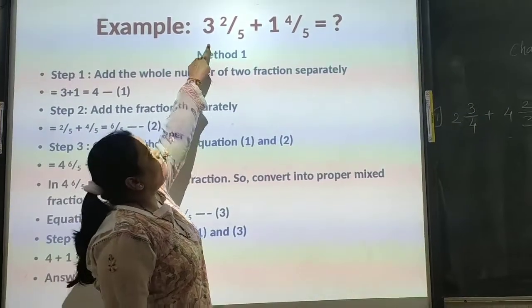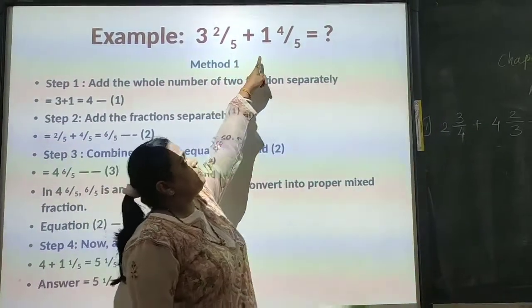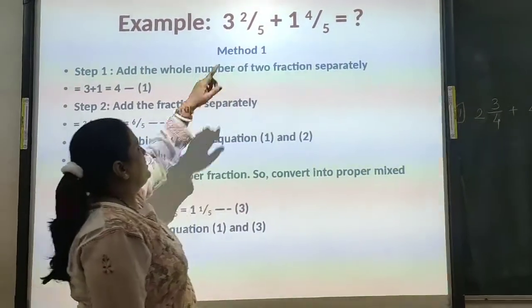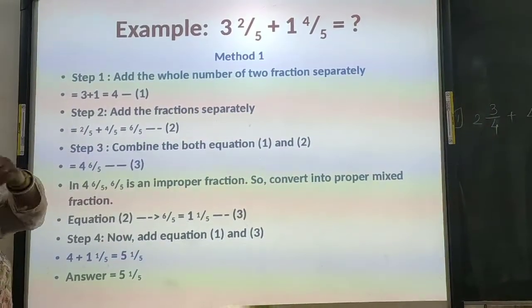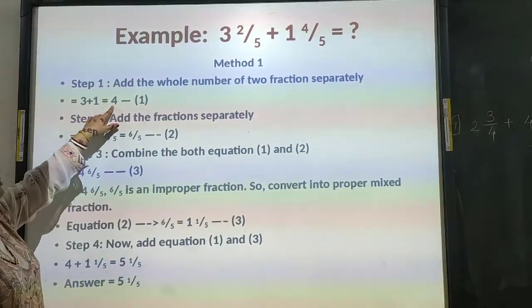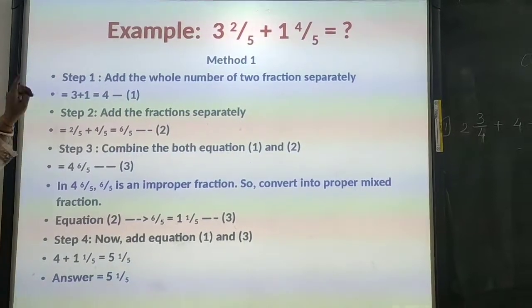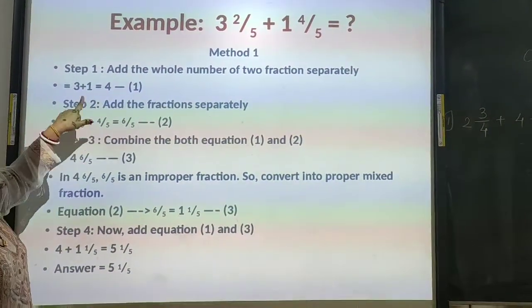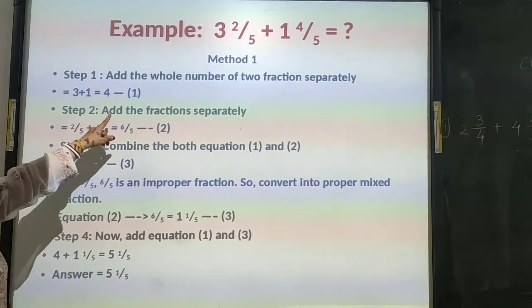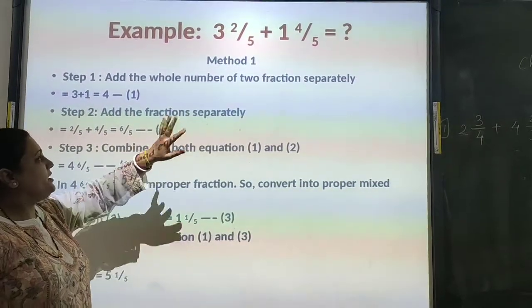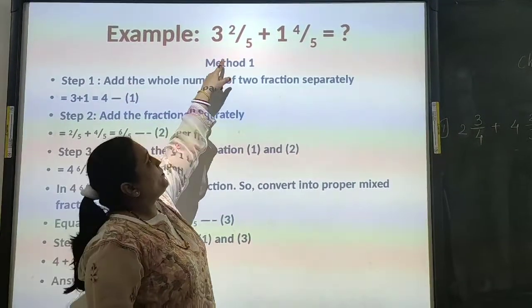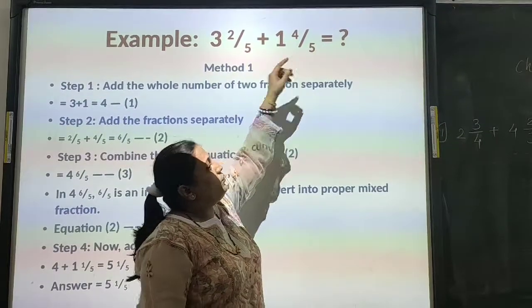The whole number of the first fraction is 3 and of the second fraction is 1. So 3 plus 1 is equal to 4. Now step 2: add the fractions separately. The proper fractions here are 2/5 and 4/5.